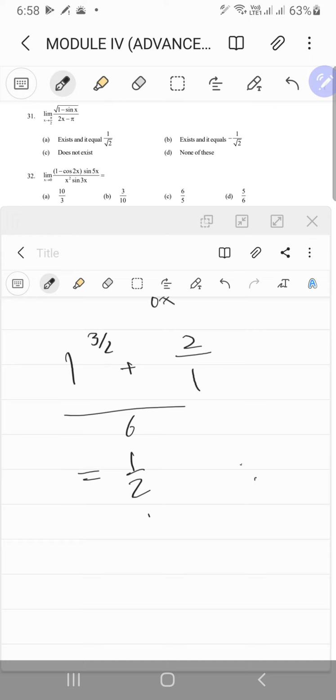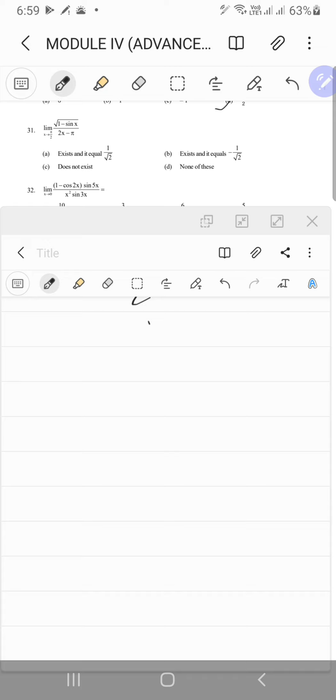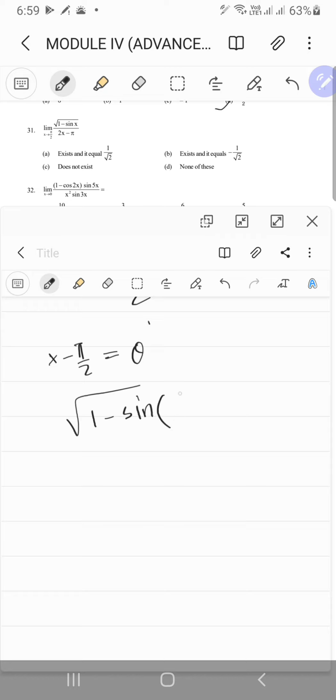Next question. Just doing 30 of these questions already makes me tired. Okay, x approaches pi by 2 of square root of 1 minus sin x upon, right. I think it's gonna have square root 2 and stuff. Okay, so this is just square root of, actually let's say first of all that x minus pi upon 2 is theta. This is just square root of 1 minus sine of theta plus pi upon 2, isn't it?